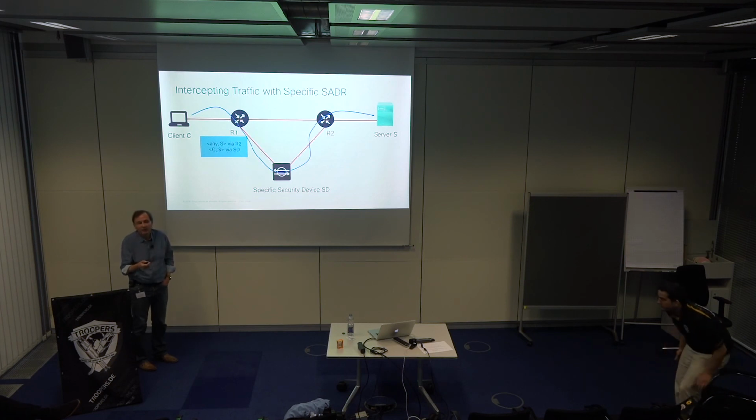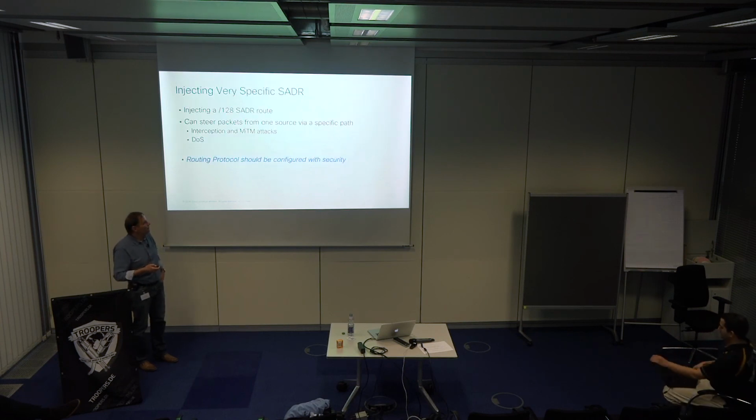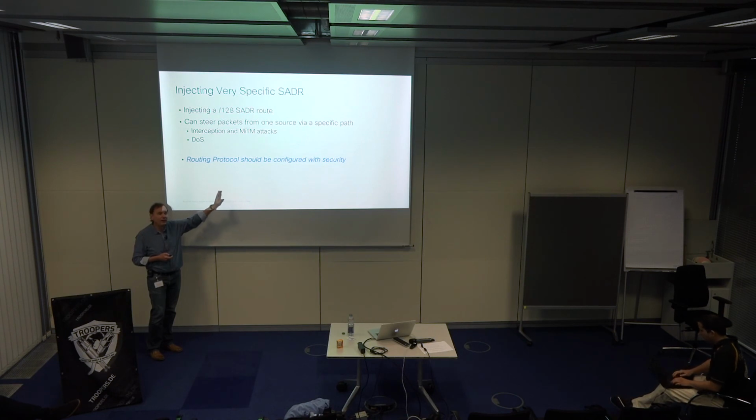So you're basically receiving the traffic, and you can do interception as well. So I don't consider this as too bad. This is basically what I said here as well. The routing protocol, the IGP, needs to be secure, right? There are ways of securing OSPF, ISIS, and BGP.